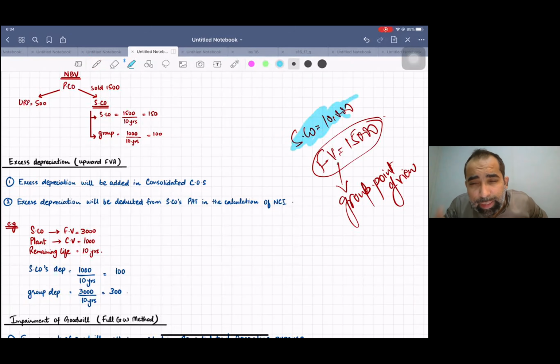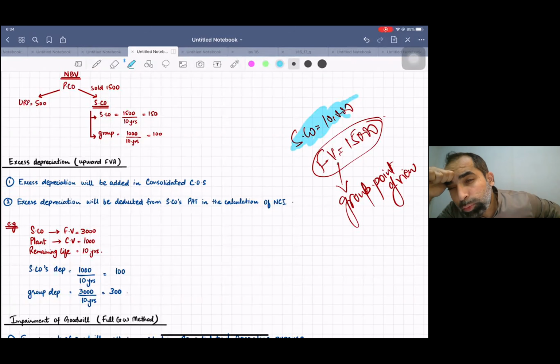So definitely S company's accountant has booked depreciation according to 10,000. But from the group point of view, the depreciation should have been booked using the 15,000 value. So in case of upward fair value adjustment, S company has underbooked the depreciation. So now there is a defect in S company's income statement.